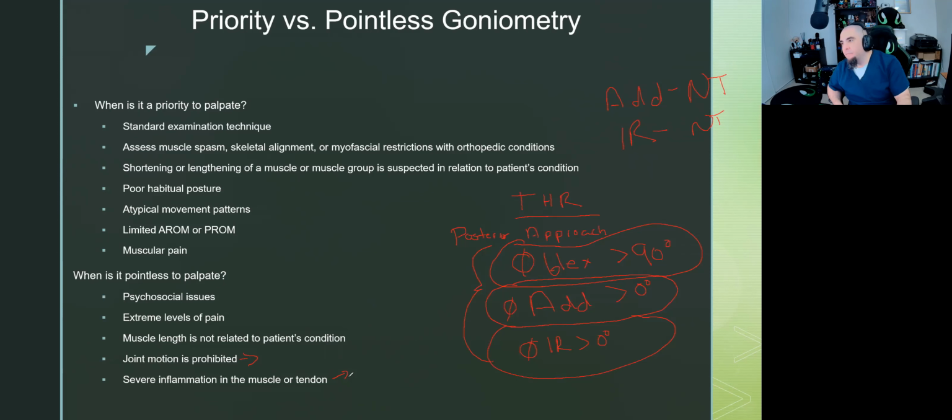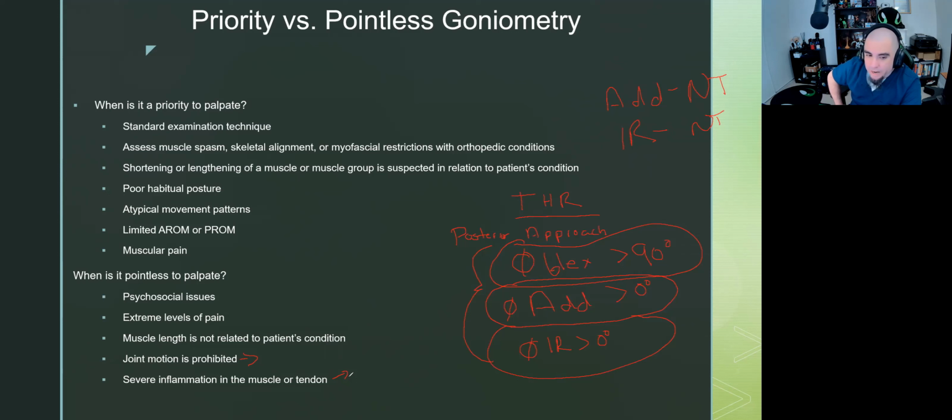Measuring range of motion at that point is pointless because they're going to be limited by their pain. They're going to be limited by that inflammation. So there's no point to palpate that. There's no point to move them through the range of motion. There's no point to measure that on a day where that inflammation is just keeping them from doing anything.